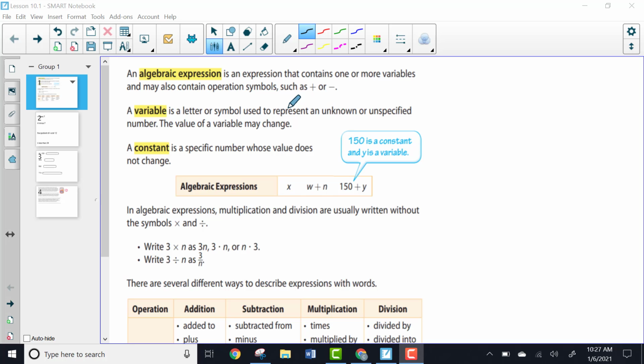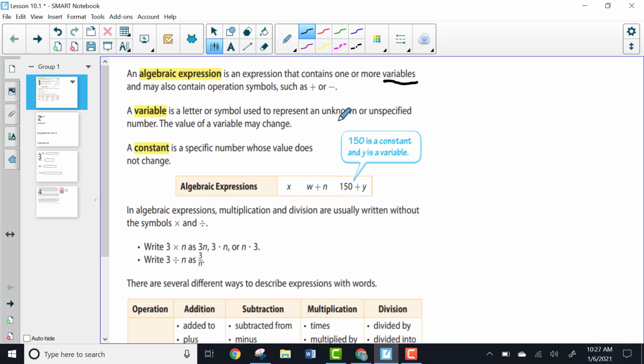Maybe one of the words that may not make too much sense to you is variable. A variable is a letter or symbol used to represent an unknown or unspecified number. The value of a variable may change.